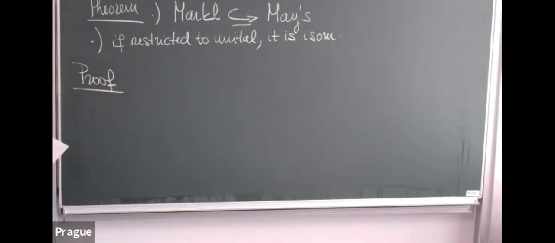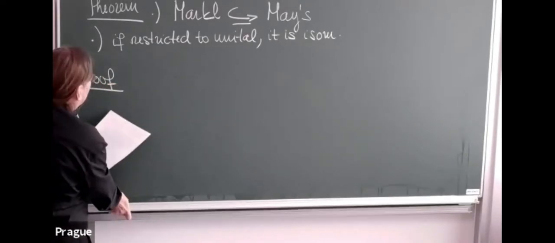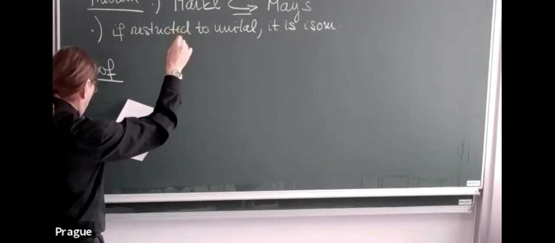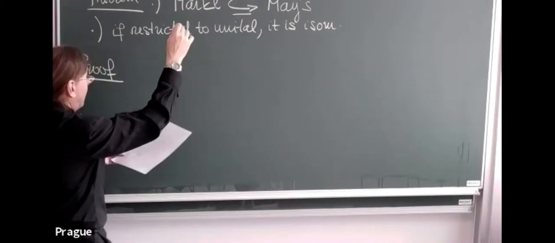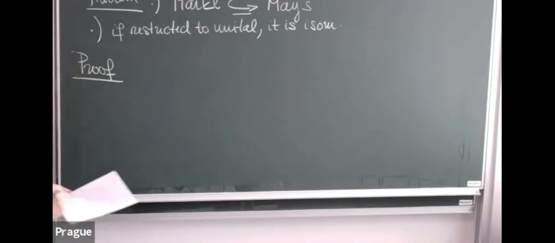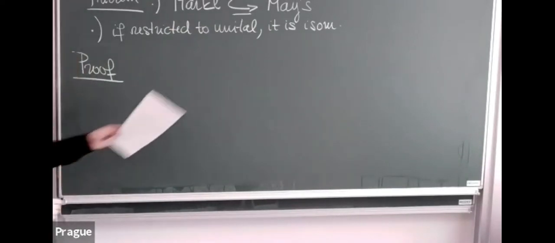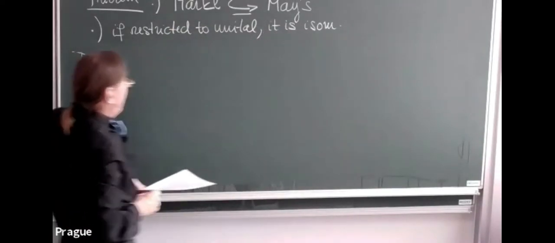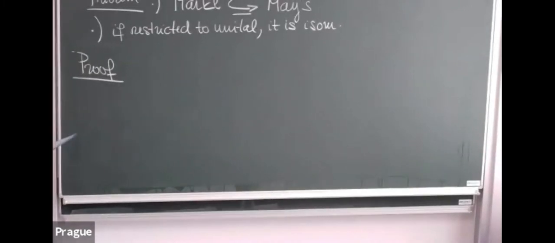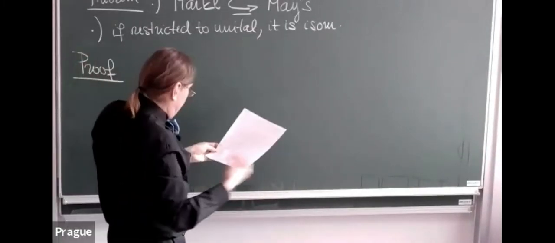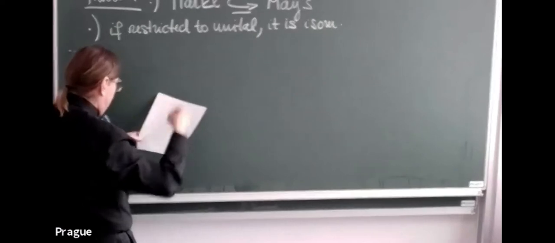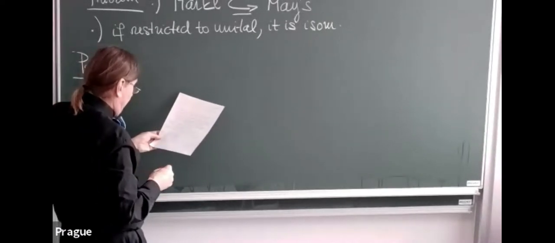How do I construct this? Suppose that I have my operad and I wish to present it in May's form, meaning I have circle operations and I'd like to define gammas in the sense of May.